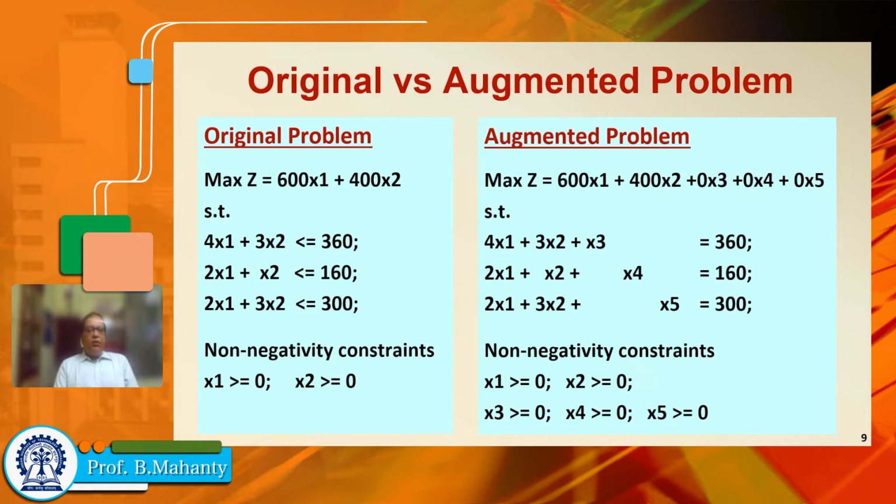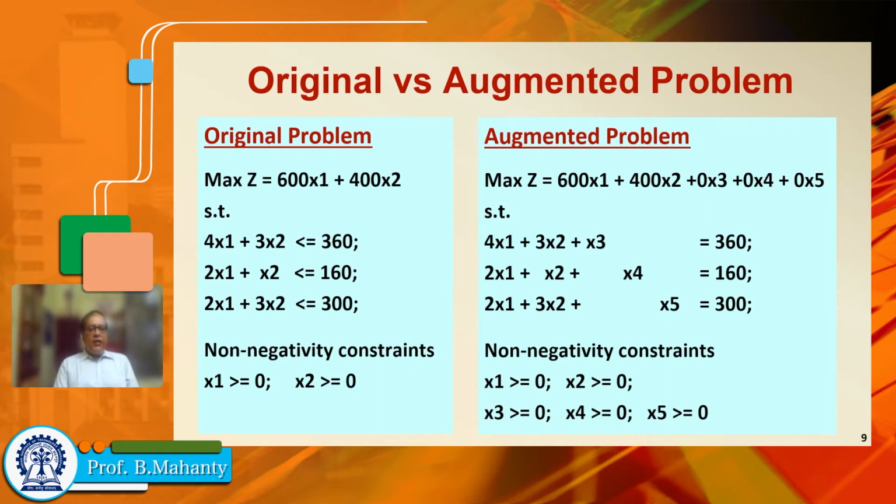So if this augmented problem is written in a tabular form, that first table will have x3, x4, x5 as basic variables and x1 and x2 as non-basic variables, and they are in canonical form, the basic variables, because together they form a unity matrix, and they are occurring in only one equation, and the solution of that first table is x1 0, x2 0, x3 360, x4 160, and x5 300.